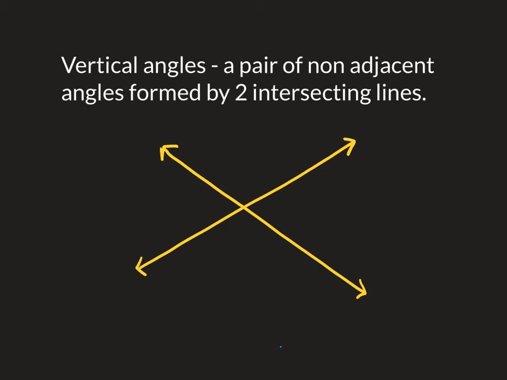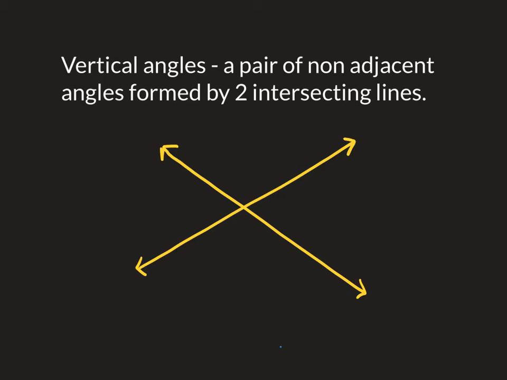All right, so let's think about what we've got going on in this picture. Non-adjacent angles means that they can't share any common sides. So these two here are adjacent, these are adjacent, these are adjacent, and these are adjacent. So for them to be non-adjacent, they have to be opposite of one another.